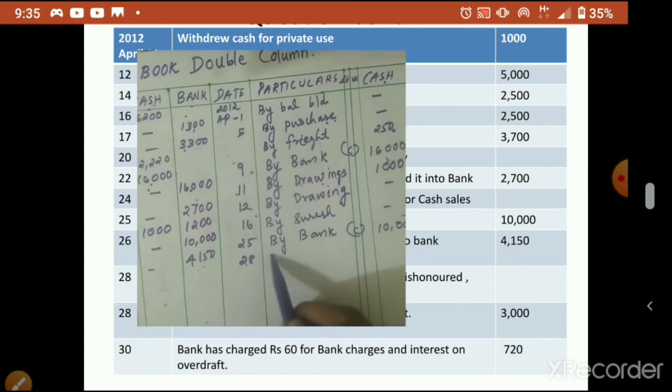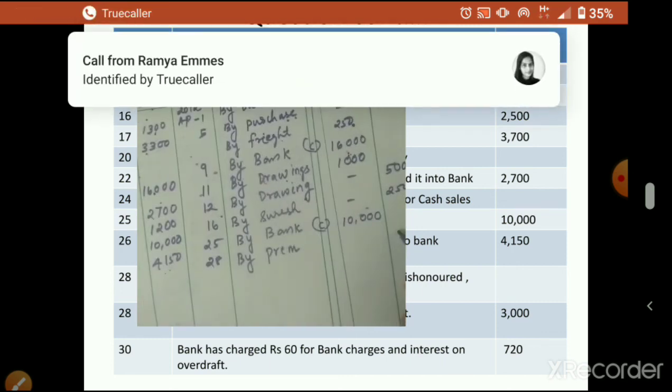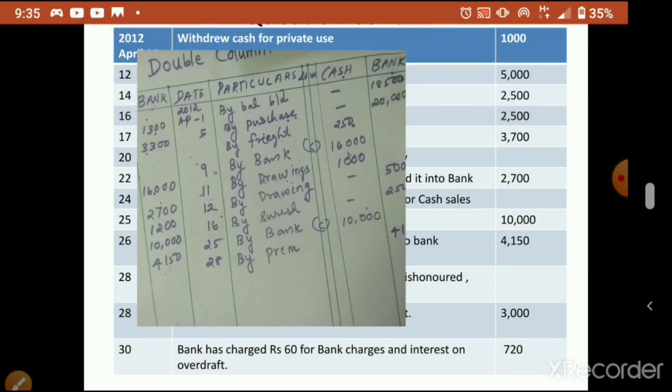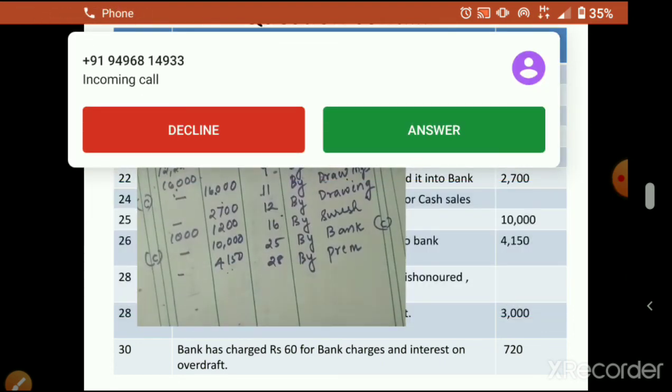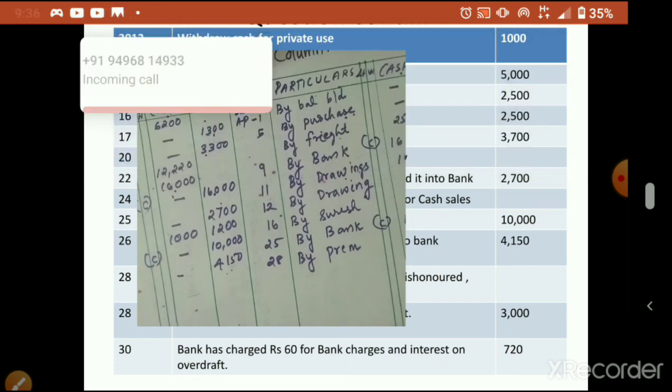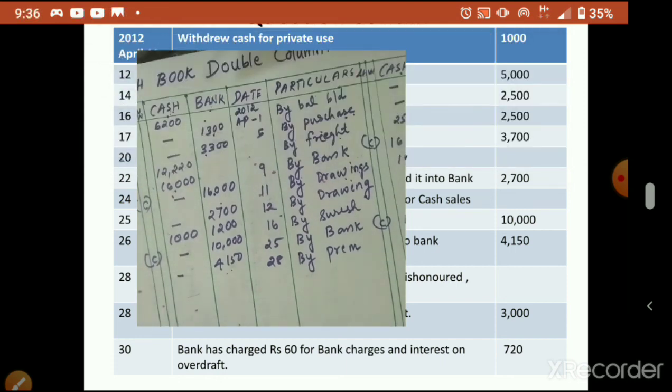So by Prem, here we write 4170. Understood, no? 20 we added with it, the bank charges also added. Okay, so that is why it becomes 4170.